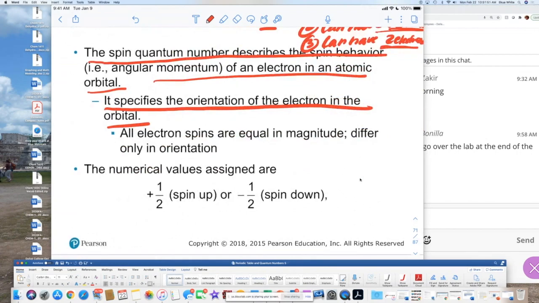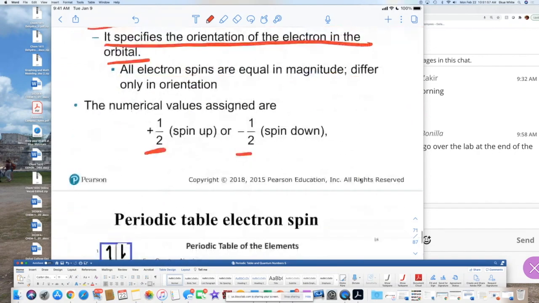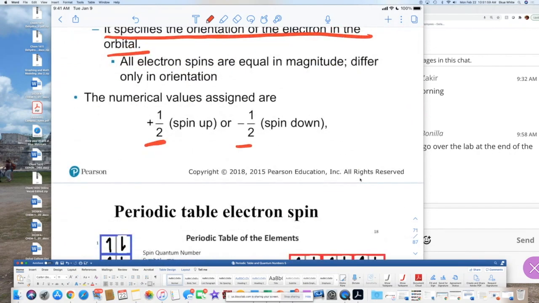Remember, when you're filling that second table in your lab, the restriction for this one here is positive 1/2, negative 1/2. You can only have two values. Positive 1/2 is the up spin. It's shown like that. The number is positive 1/2. Negative 1/2 is the down spin. Numerically, it's shown like this, or you draw it like that.